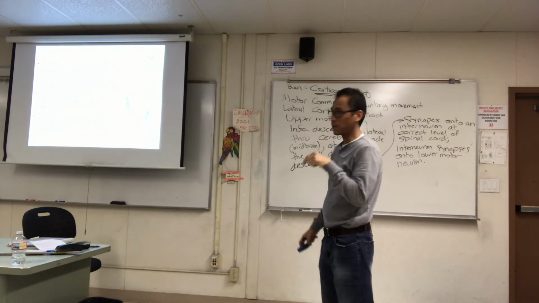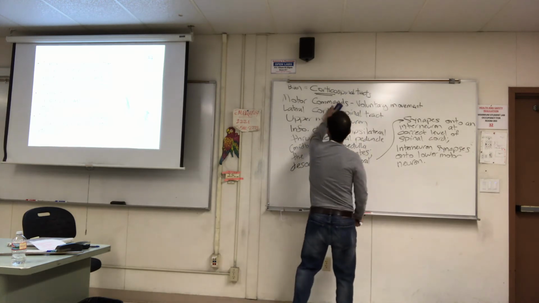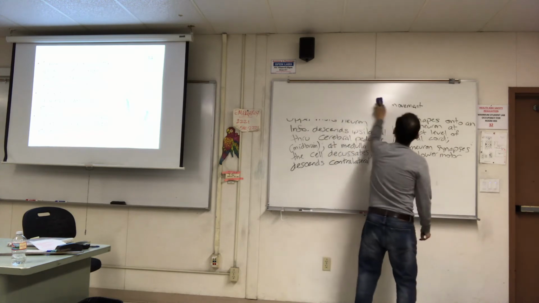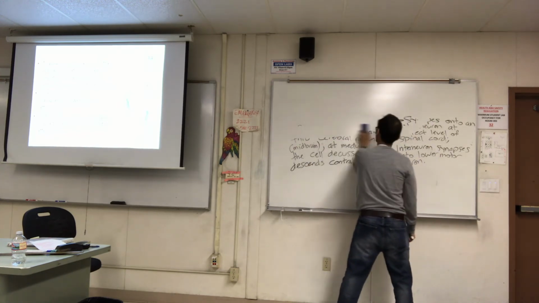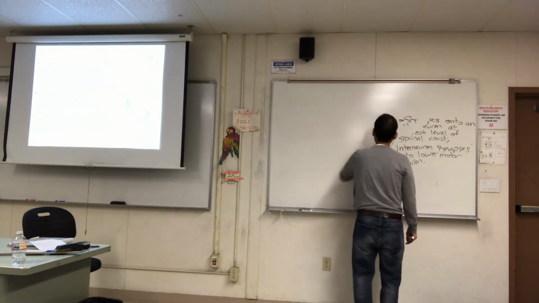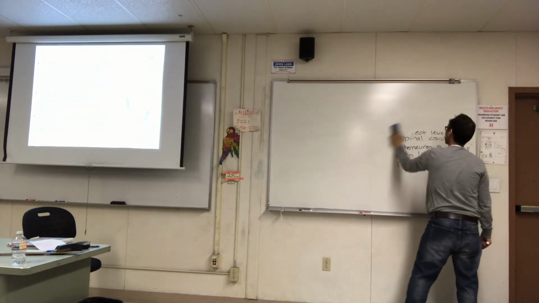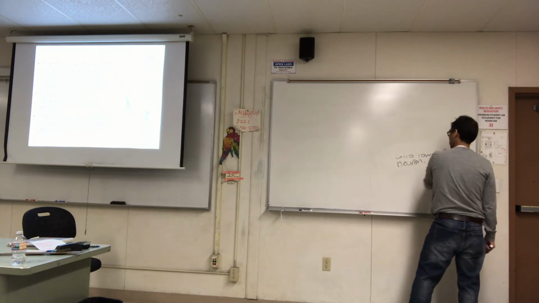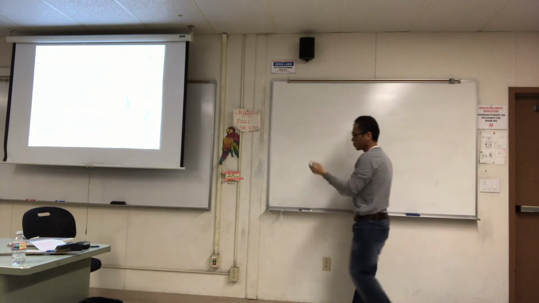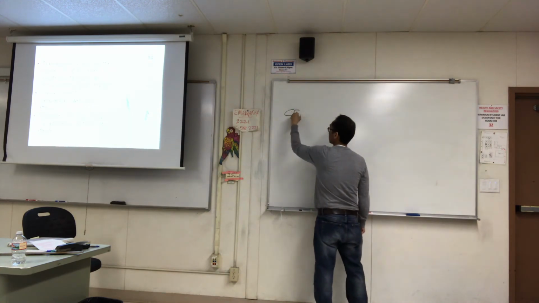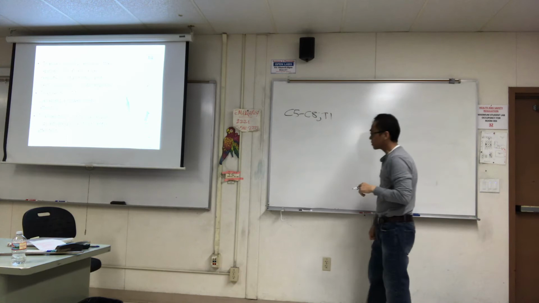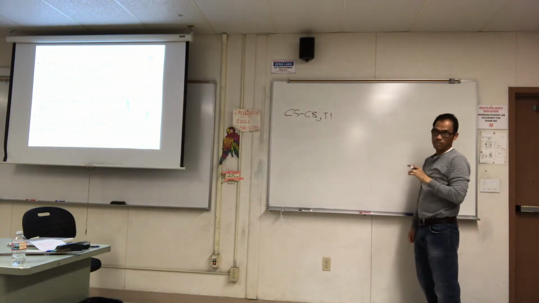You should write that down. C5 to C8, as well as T1. Those are the nerve roots that control the upper limb.